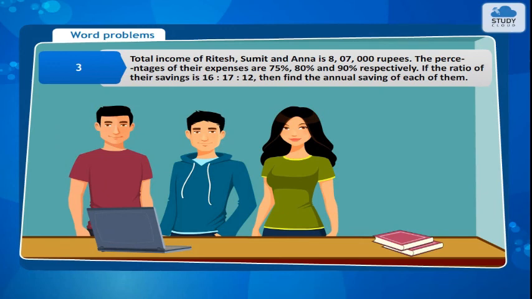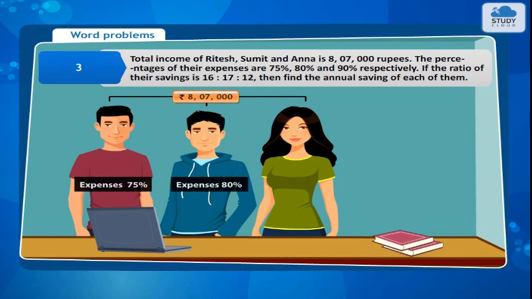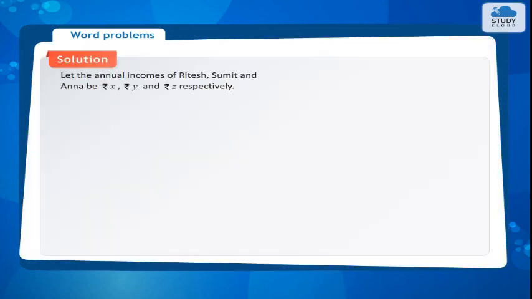3. Total income of Ritesh, Sumit and Anna is 8,07,000 rupees. The percentages of their expenses are 75%, 80% and 90% respectively. If the ratio of their savings is 16:17:12, then find the annual saving of each of them. Solution.